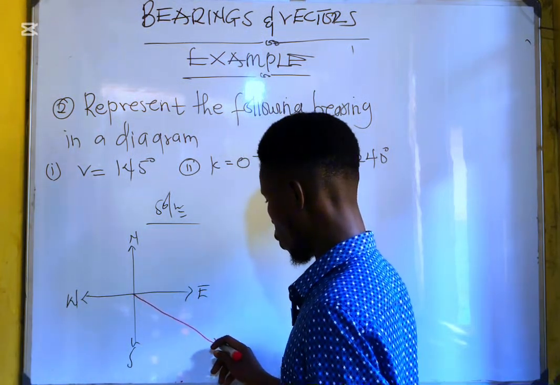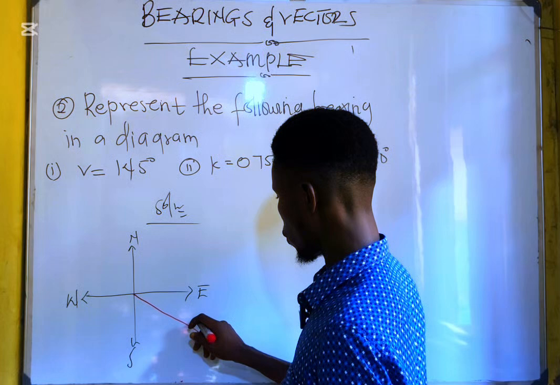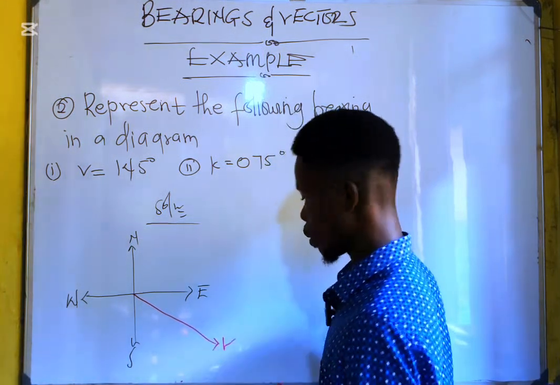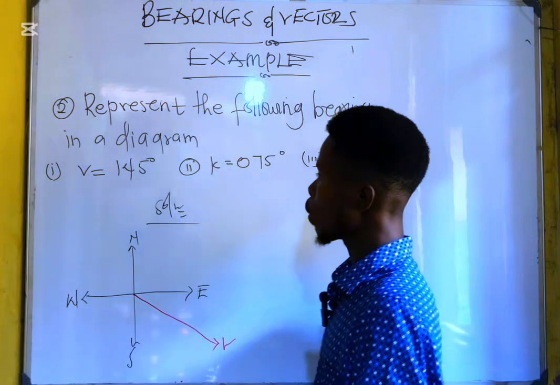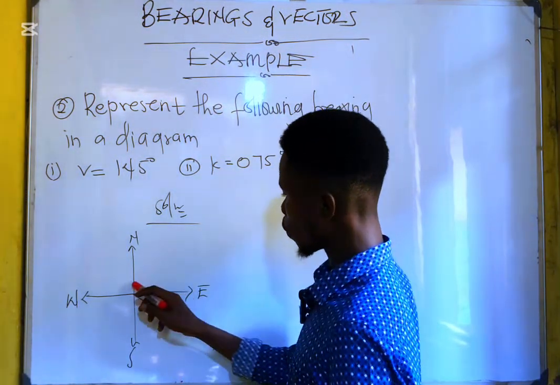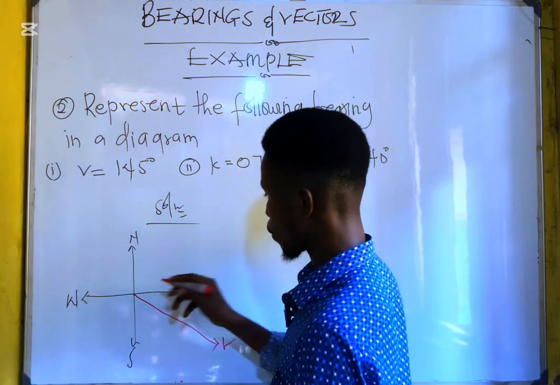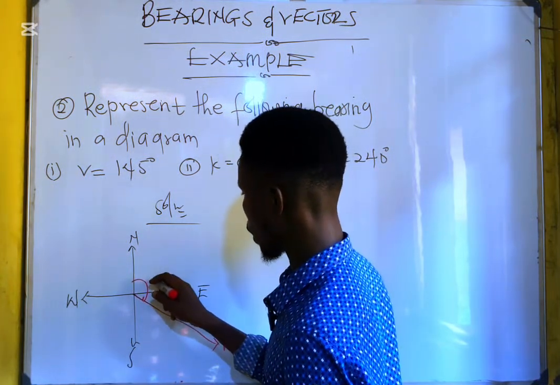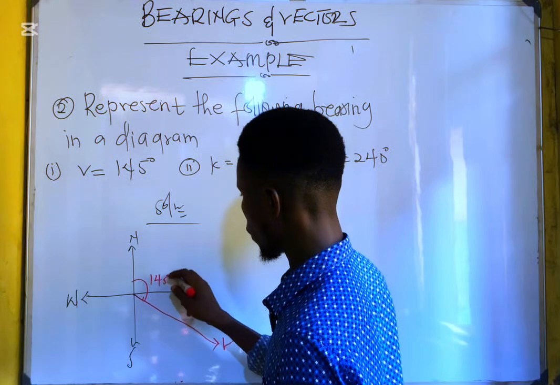So we draw this, then we name it V. Now, how do we get to know the angle here? From here to where this bar is, is the 145 degrees.